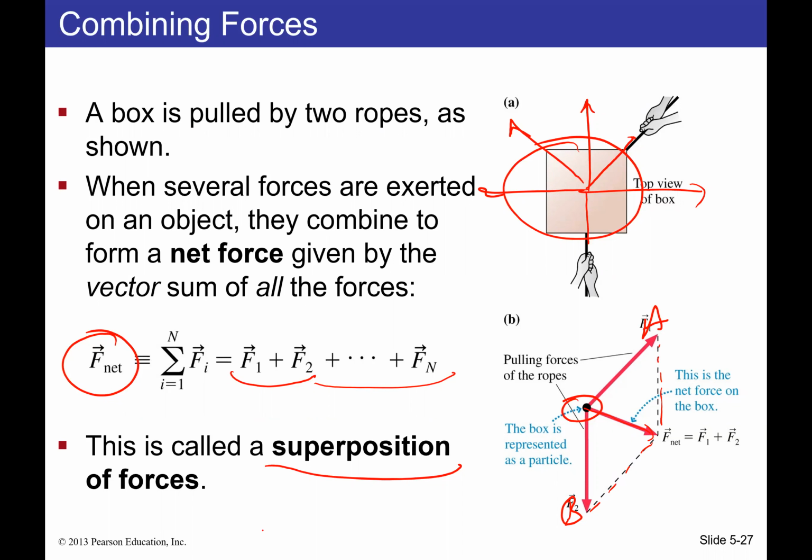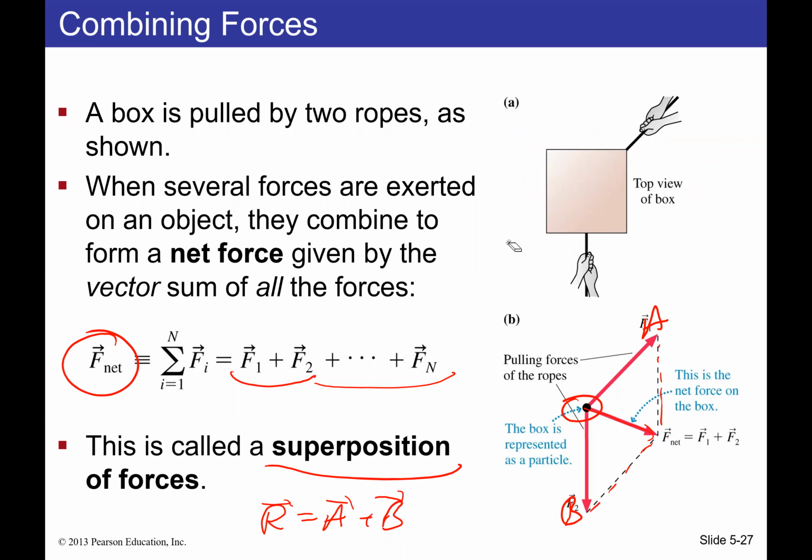So technically it's the same thing as saying the resultant equals vector A plus vector B. We're just replacing the resultant with F net, A with F1, and B with F2, and adding them as vectors. That means this box, after being pushed or pulled by those two forces, will have a net effect in this direction. Those two together combined give a net effect in that direction.